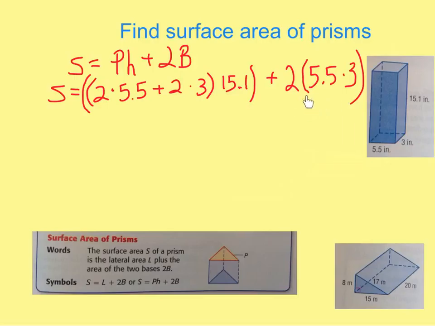And then over here, I was finding the base, and I took 2 times the base, so the area of the base. So we know the area of this rectangle is length times width, so I took 2 times the length times the width. So I'm going to solve this area, and I get 256.7, and then when I solve this, I get 33, so I'm going to put that in here.